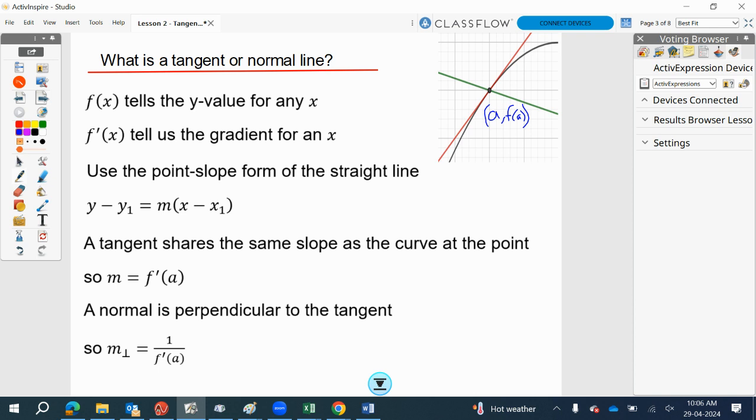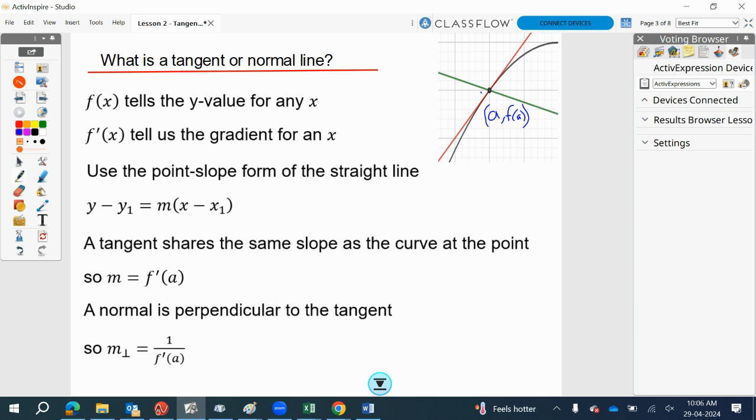f prime of x tells us the gradient at that point. At this point, which we call the point of tangency, the gradient of the curve is given by the derivative. One of the key things to remember for this unit is that the gradient of the curve at this point is given by the derivative, and the gradient of the tangent to the curve at that point has the same gradient.